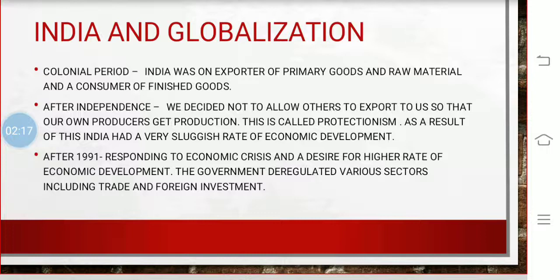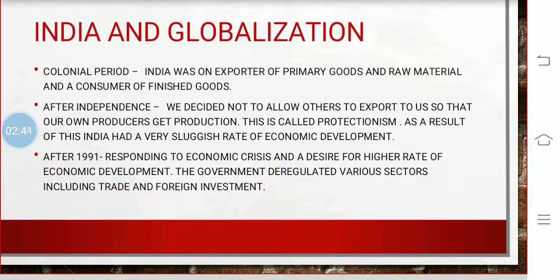The Britishers used to take our raw materials. As you know, India was a sone ki chidiya, so the entire wealth of India was drained by the Britishers. It is they who actually took all our property and made us poor.